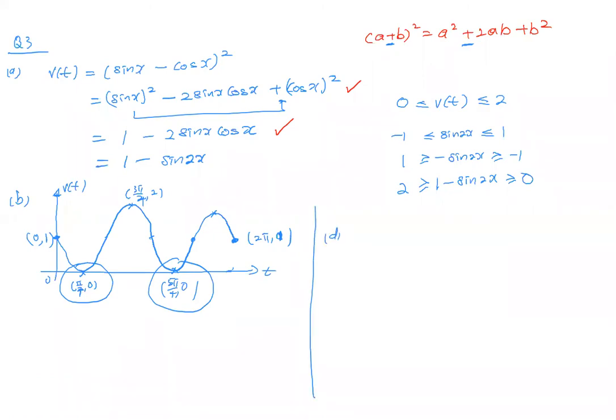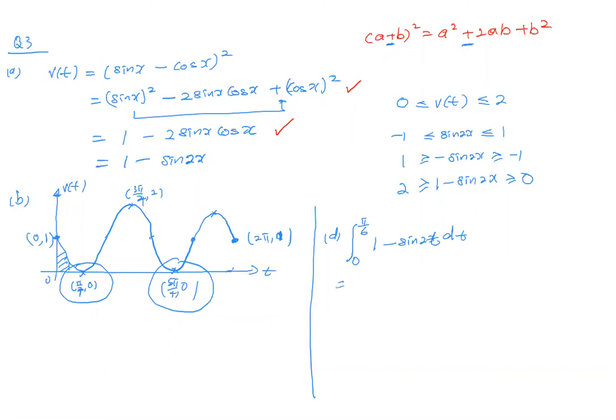First, you have to write the integral expression. Pi by 6 is here, correct? So you have to write the integral expression from 0 to pi by 6. V. Okay, you get 1 mark.